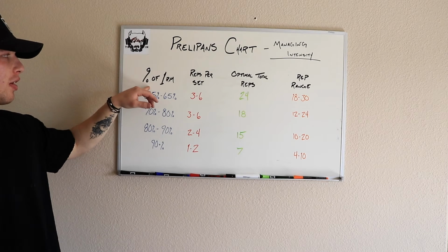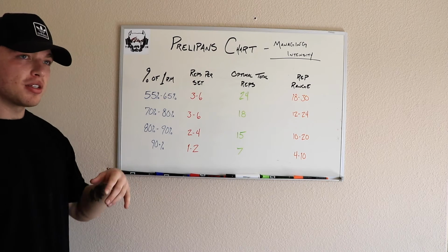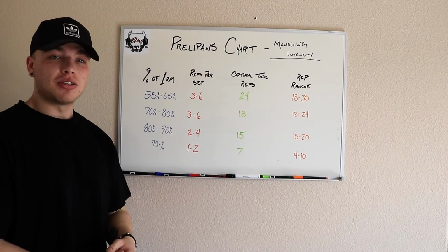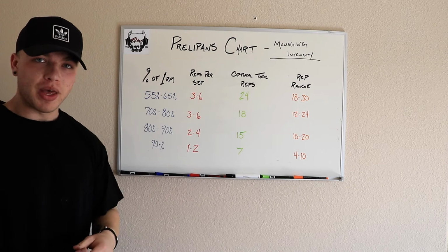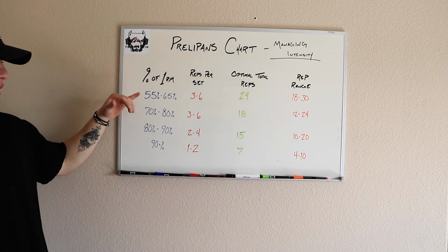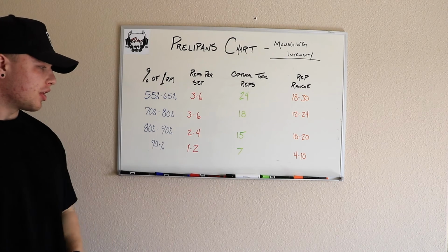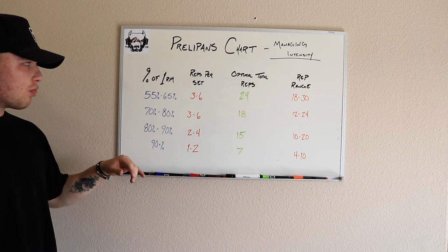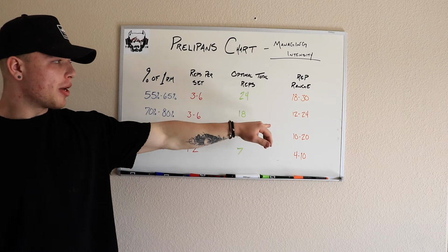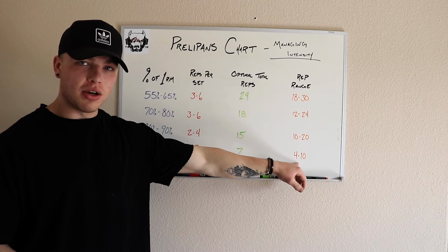Again, this is basing it off of a percent of your 1 rep max. So say your 1 rep max is 100 pounds, this would be 55 to 65 pounds for the sake of simple math. And again, you can see the trend throughout this chart here that as the intensities rise, as the percentages rise, the total rep counts begin to go down.